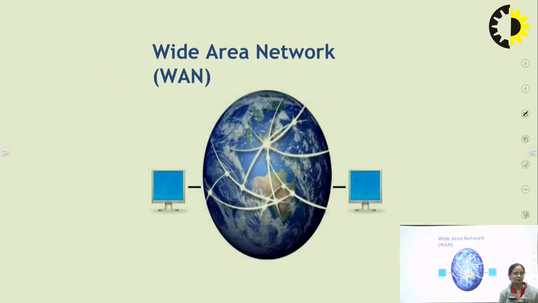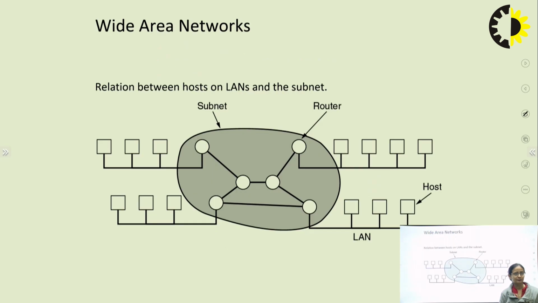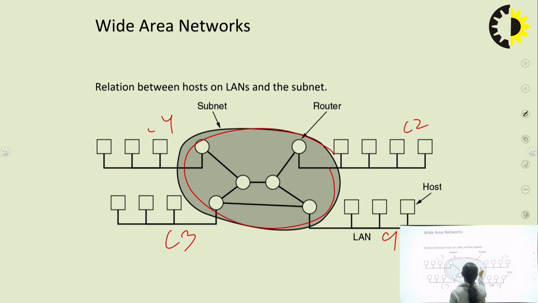This is a simple figure showing a wide area network. I have a LAN maybe in country C1. This may be the network in country C2. This may be the network in another country, and this is another country, and they are interconnected with each other.